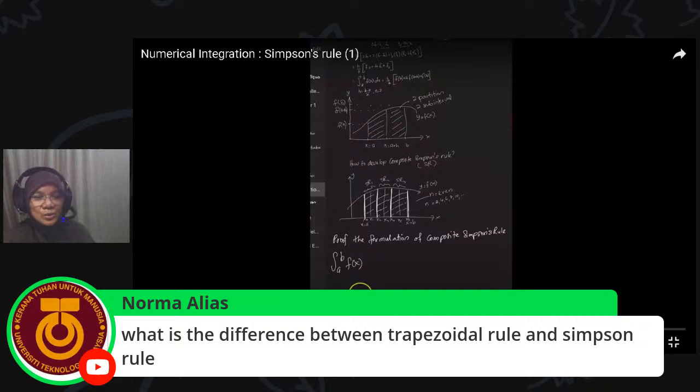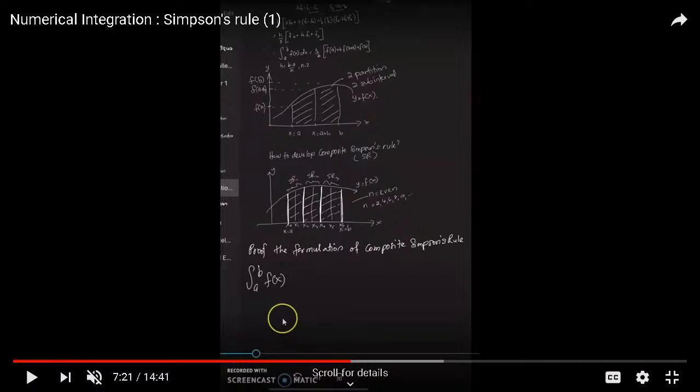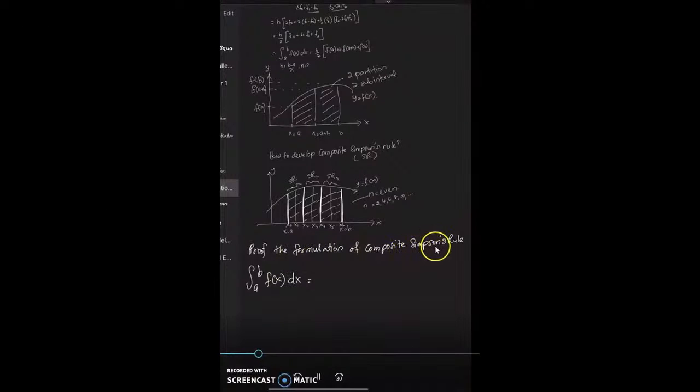Now let's go to the composite Simpson's rule. Please be careful, because I'm afraid there will be a proof of the composite Simpson's rule based on n equal to 6, 8, or 10, so you need to prove that.